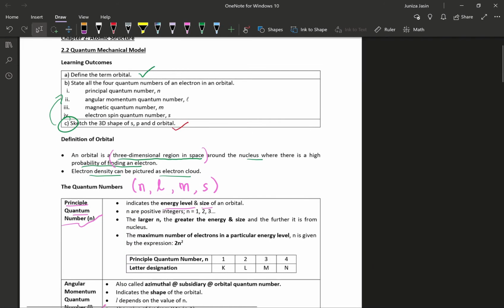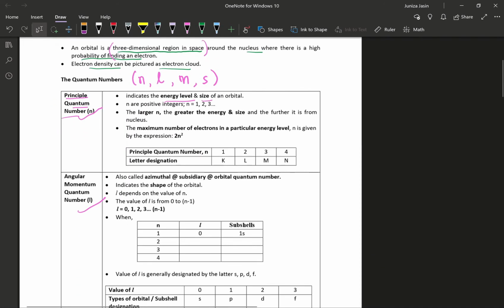So, dia makin besar disebabkan value N makin besar. Okay, so next, continue. The maximum number of electron in a particular energy level N is given by the expression 2N squared. Contoh, kalau kamu nak tahu elektron boleh isi berapa dekat N equal to 1, you can use this formula 2N squared. So, 2 times 1 squared is equal to 2. That means at N equal to 1, energy level 1, hanya 2 elektron yang boleh masuk. Okay, and then N ada 1, 2, 3, 4 and so on.